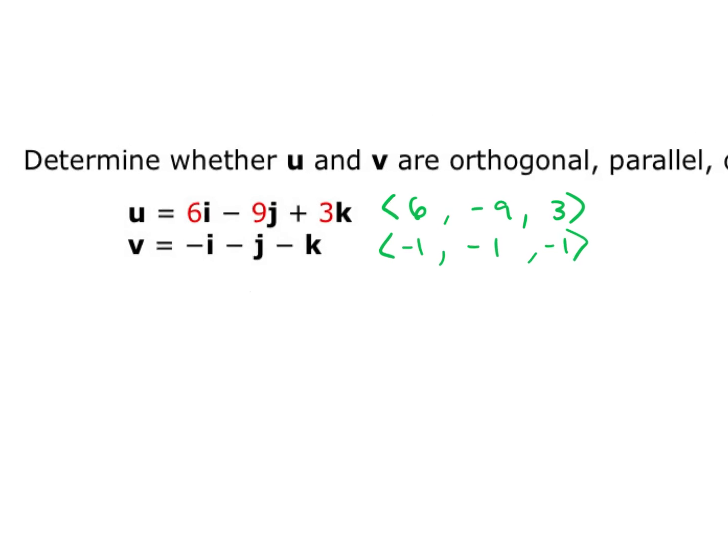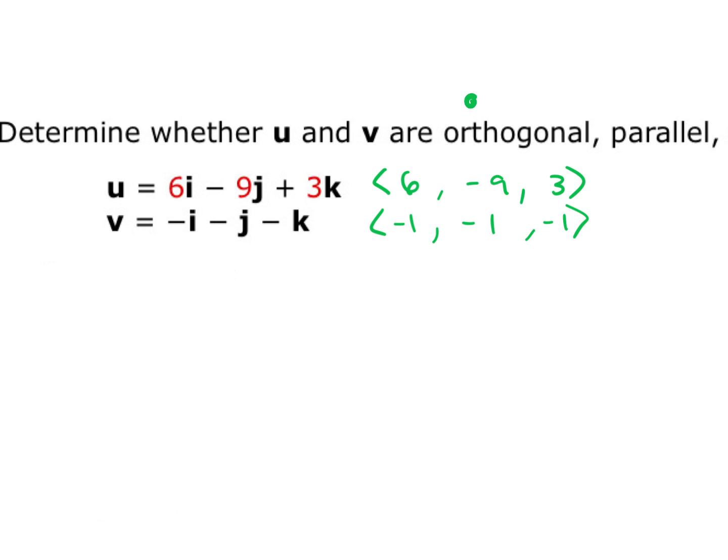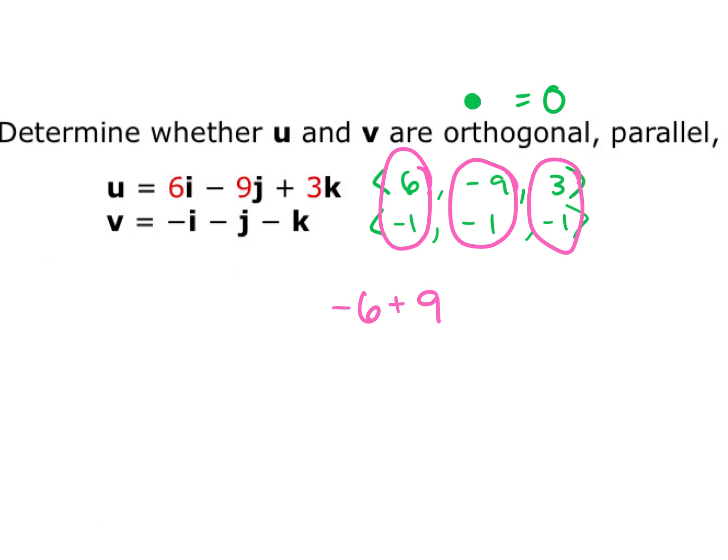So orthogonal, I have to take the dot product, and it has to be equal to 0. So let's do the dot product. First times the first, second times the second, plus the third times the third. So what's -6 plus 9 minus 3? 0. So is this orthogonal? Yeah.